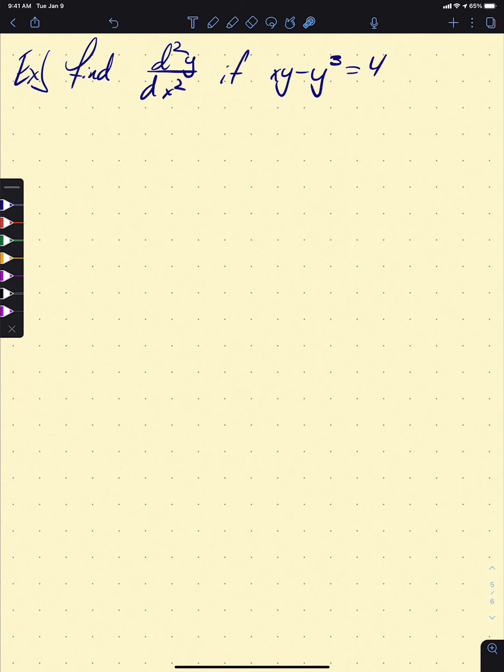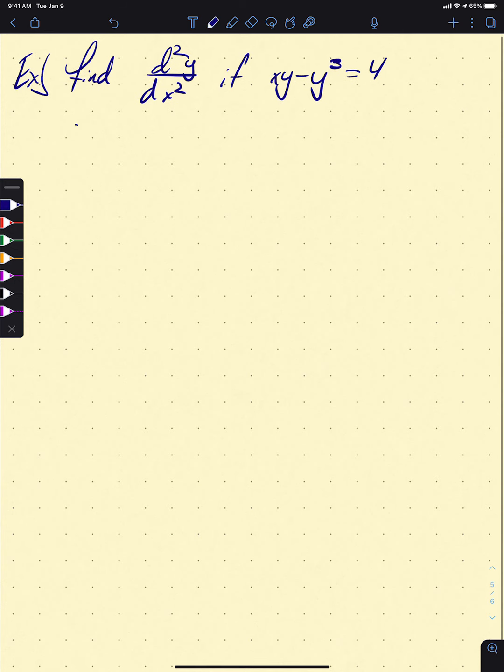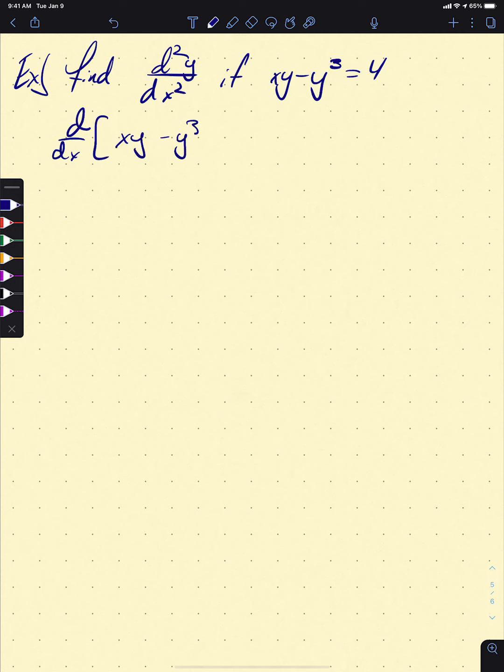But what we can do is start by first looking for y prime. So we can take our derivative of xy minus y cubed equals 4.